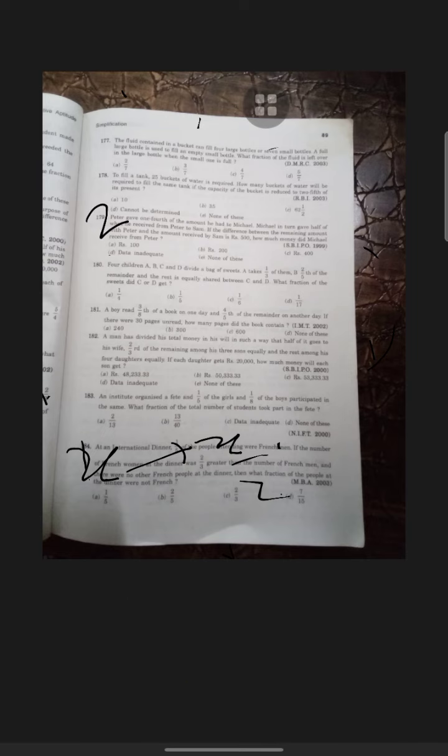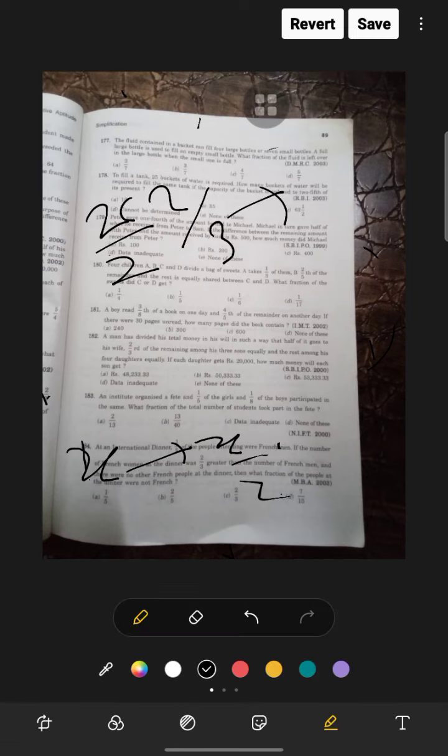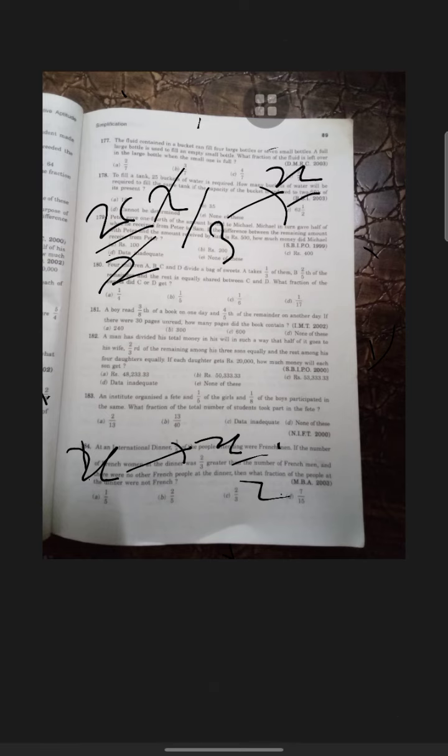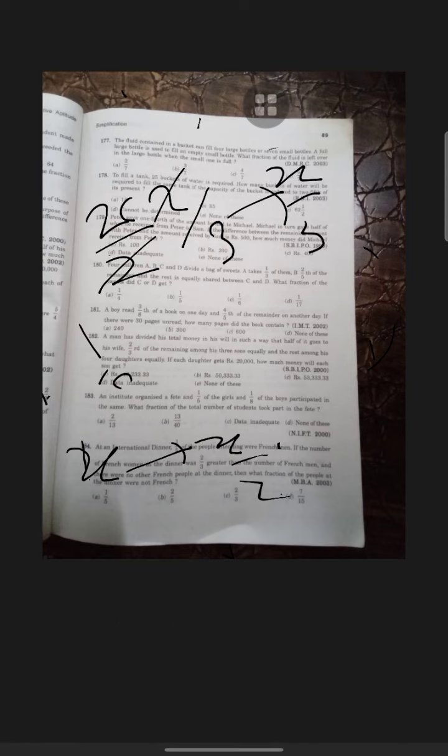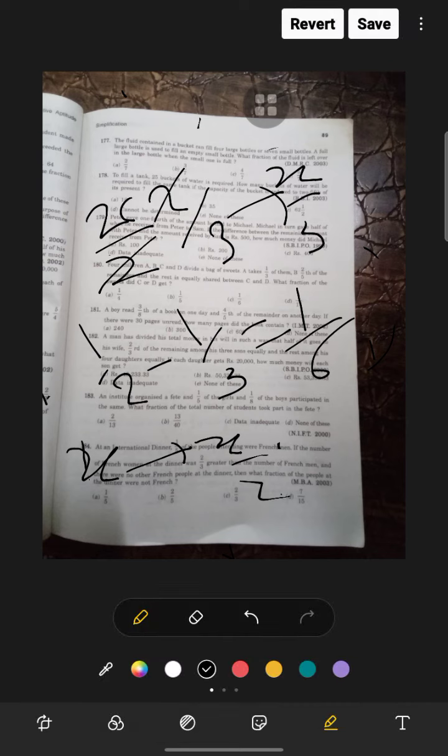Now x by 2 and of 2 by 3 he gave to his 3 sons. So 2 by 3 of x by 2 equals x by 3. So what is the remaining part? 1 by 2 he gave to his wife, 1 by 3 to his 3 sons. So the remaining part will be 1 by 6.